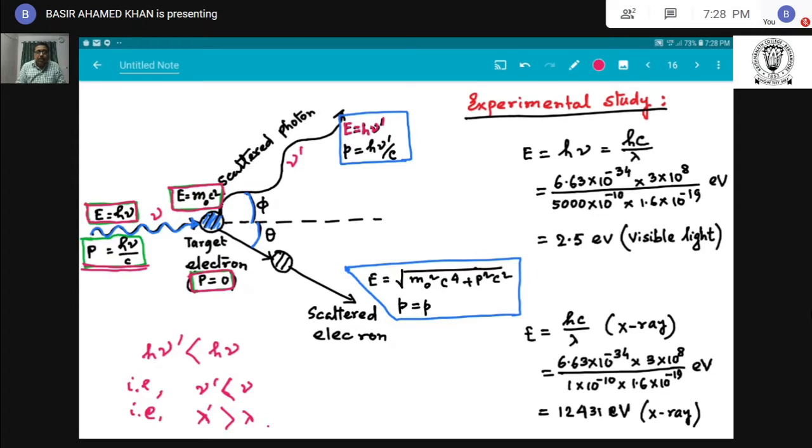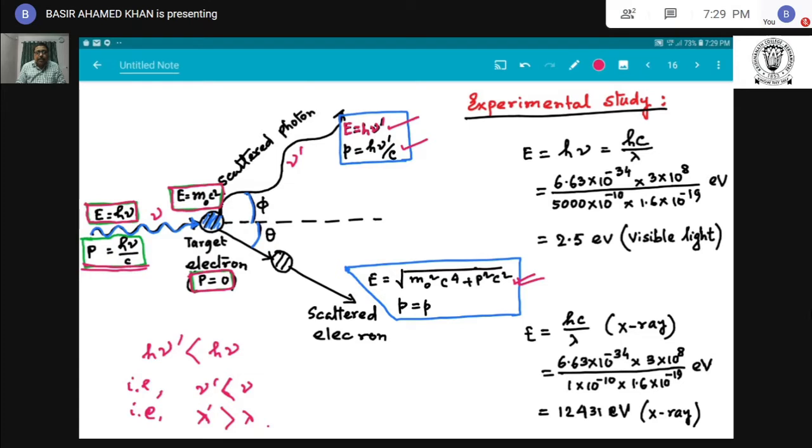Now after collision, the scattered photon energy equals h nu prime, and the momentum of the photon equals h nu prime by c. The electron energy E equals the root of m0 square c to the power 4 plus p square c square, where m0 is the rest mass, p is the momentum of the electron, and c is the velocity of light.